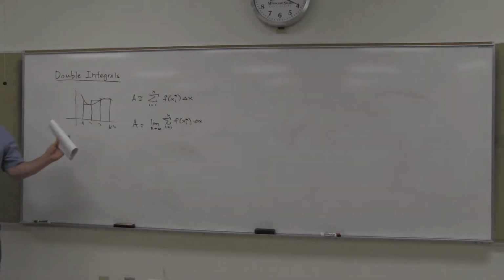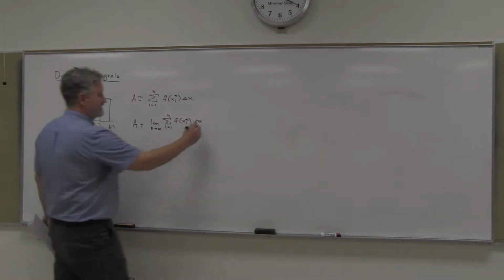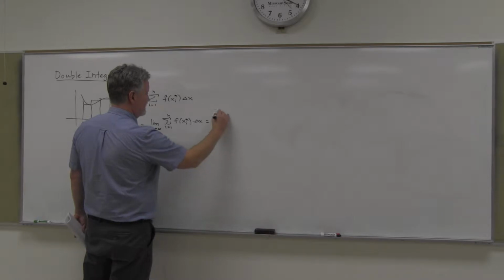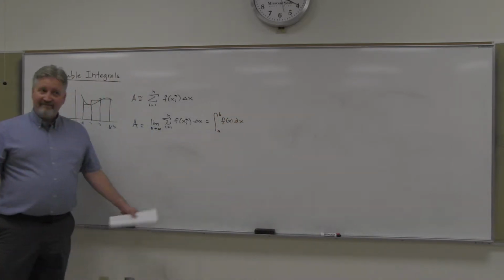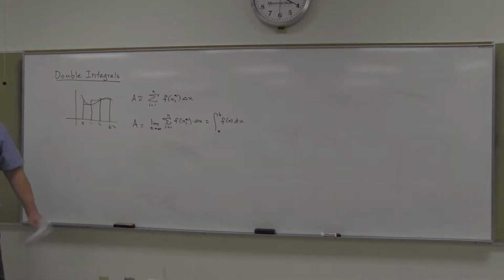And that turned out to be a nice, lovely little thing we called what? That was the integral, right? It turned out that was the integral from a to b of f of x dx. You remember that, right? Maybe a little bit?